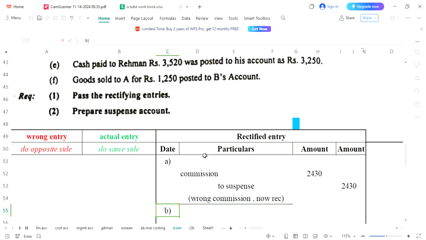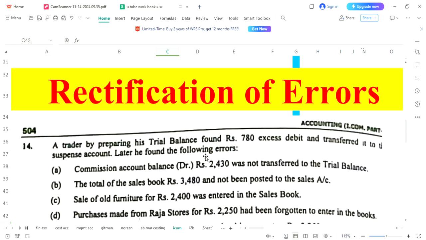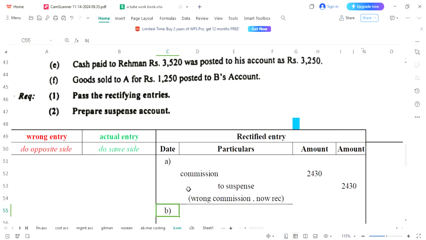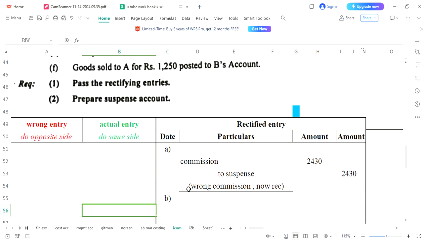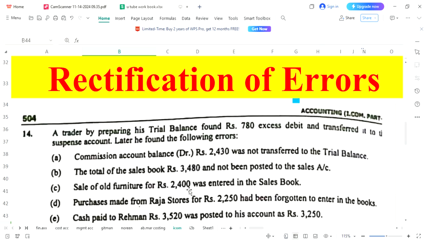Now we will be solving our B entry. Total of sale book. Okay, to memorize it, we may write that sale should be written on the credit side. Let's see what happened. It has not been posted to sale, which means sales on the credit side were not posted to the sale account.